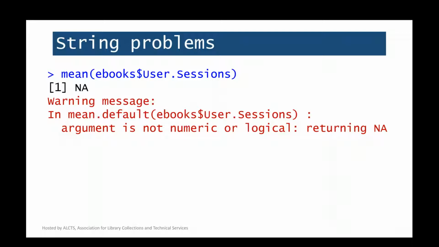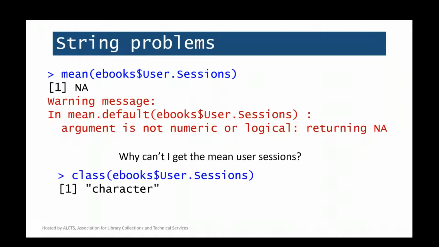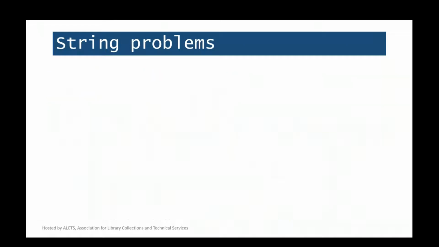I can only do a mean on a number or logical vector, so I'm going to get NA. Why can't I get the mean user sessions? Well, if I call class on that variable, it's going to tell me that it was read in as a character vector, and the vector class is not numeric or logical.